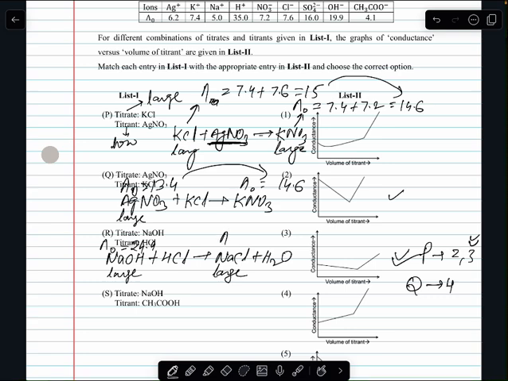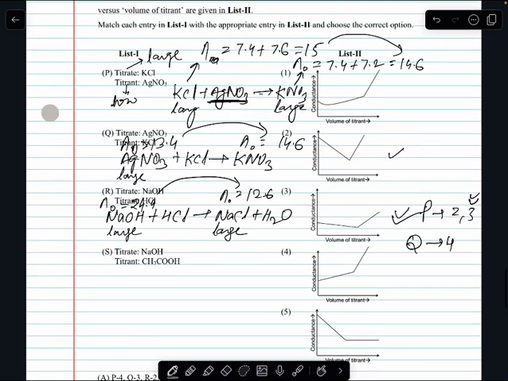And for NaCl it will be Na 5 and Cl minus is 7.6, so 12.6. So certainly it is decreasing, and it is decreasing very drastically. So the first part of R should decrease, so it can either be 2, 3 or 5.